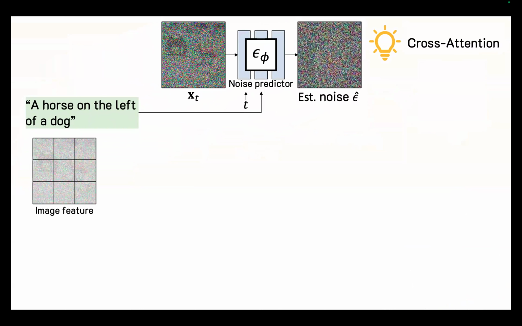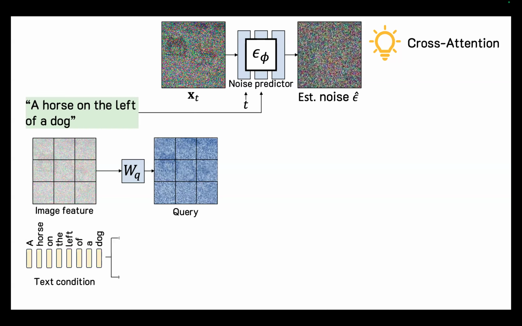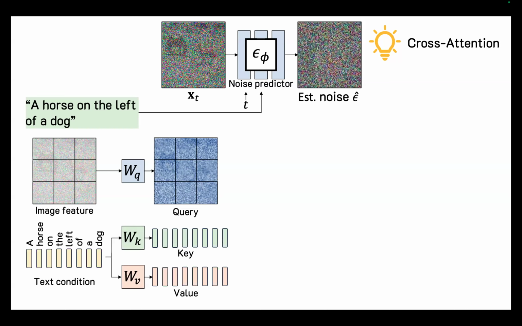Cross-attention essentially injects textual features into the image, mixing them so that you can drive the image generation through text. We start with one layer of image features and a sequence of text tokens, like "a photo on the left of the dog." You extract the query features from the image and the keys and values from the text. And then you do the matrix multiplication.